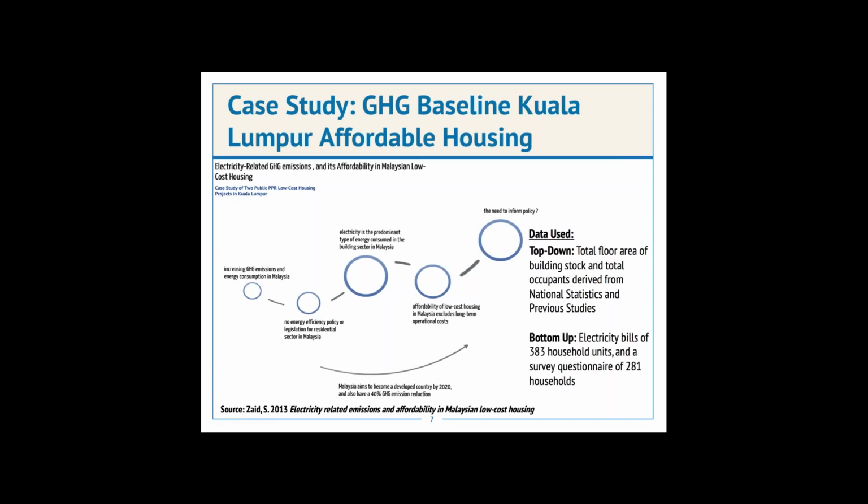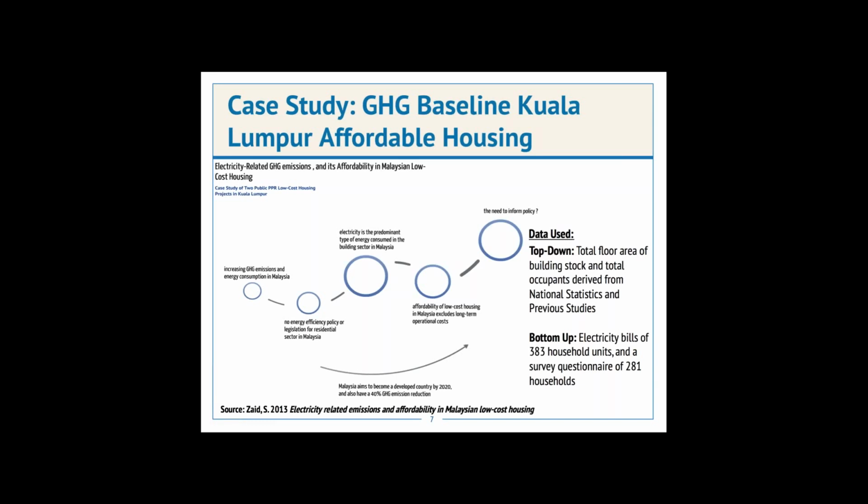This is from one of the pilot studies in Kuala Lumpur. This was a study of the baseline emissions and energy consumption in affordable housing projects in KL. And this slide here just shows you how the jurisdiction uses it in terms of policy context.